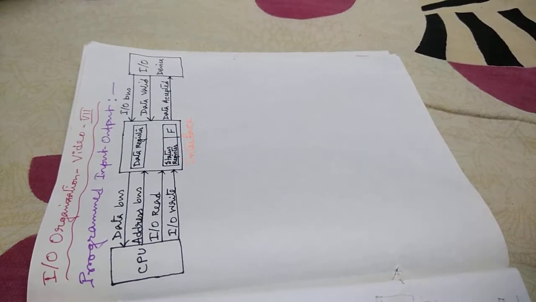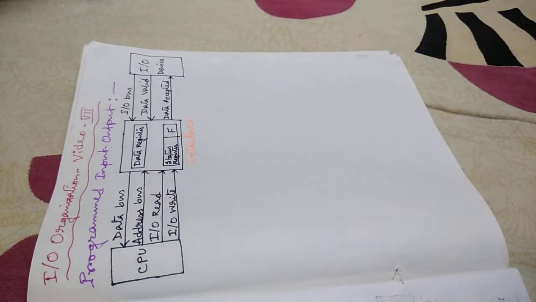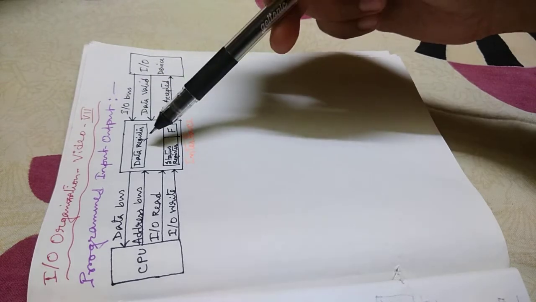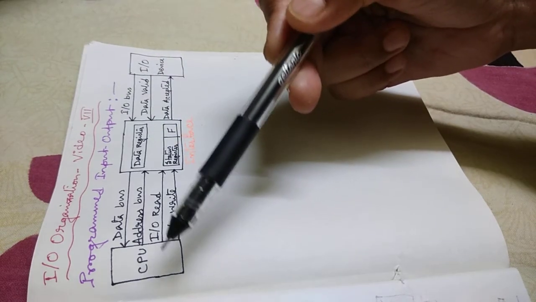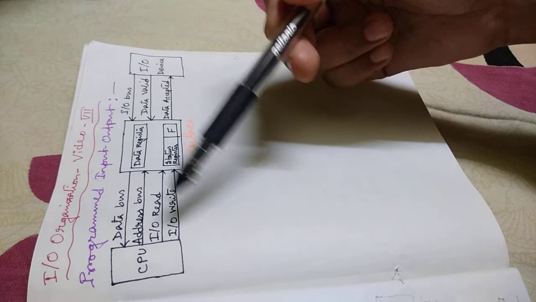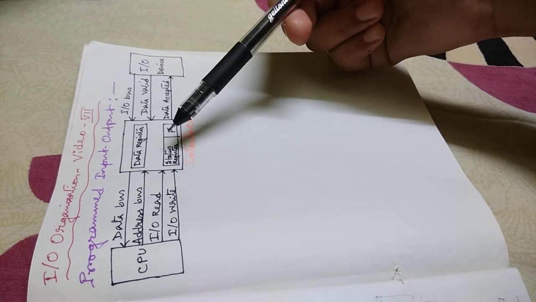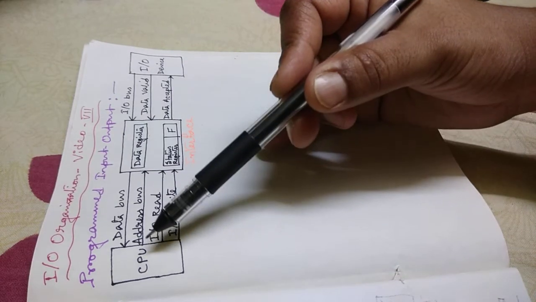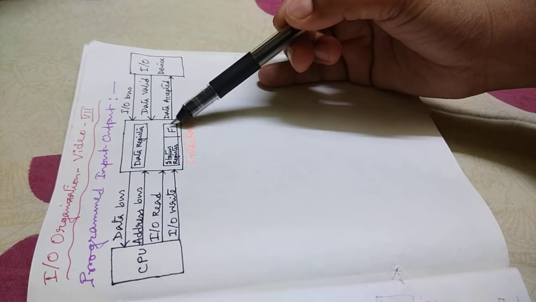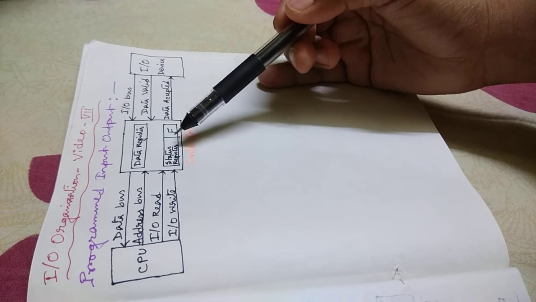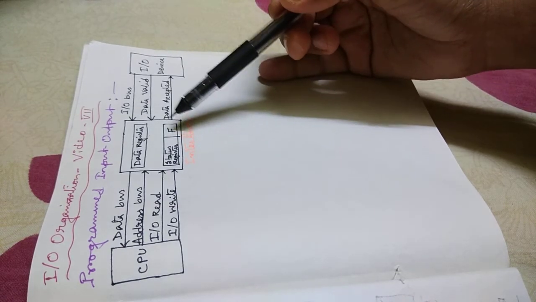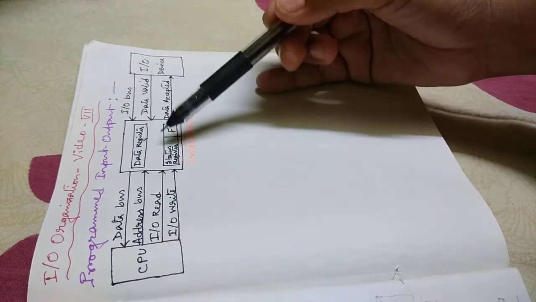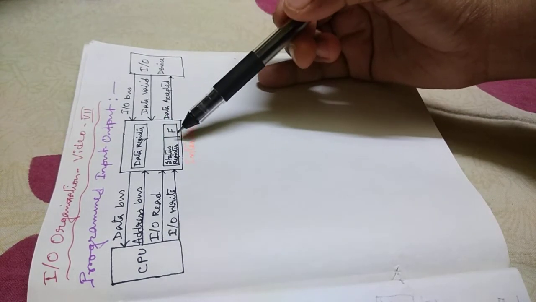Now it's the CPU's turn to transfer this one byte of data from the IO device to the main memory. How does the CPU perform this? See, first of all, the CPU checks the status register, that means reads the value of the flag. If it is 0, then the CPU keeps on reading this status register.